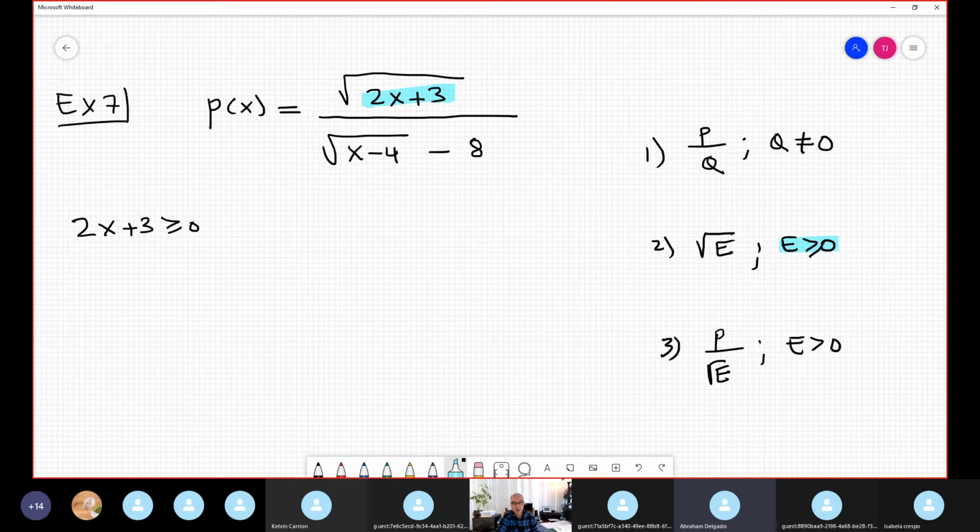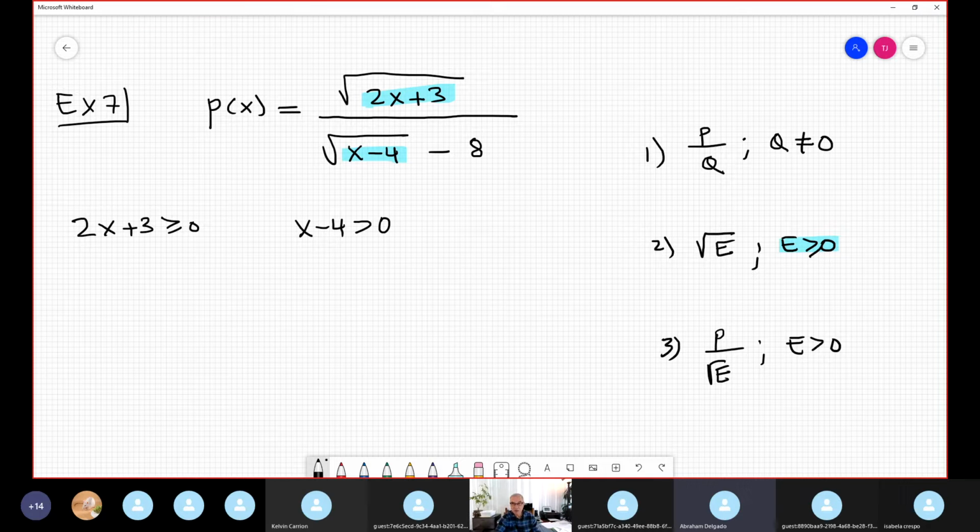Then you say also restriction 3, because I saw a radical in the denominator. Yes, of course. So the expression x minus 4 must be positive.